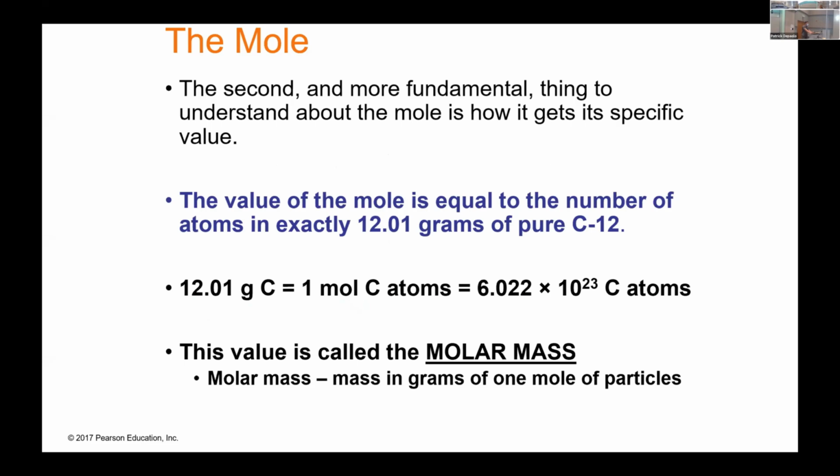And they said this Avogadro's number is the number of atoms that is exactly 1 mole of carbon-12. So that's 12.011 grams of carbon is exactly 1 mole of carbon atoms, which is 6.02 times 10 to the 23rd. And this was extrapolated to figure out the molar masses of every known element. And that's how they figured that out.